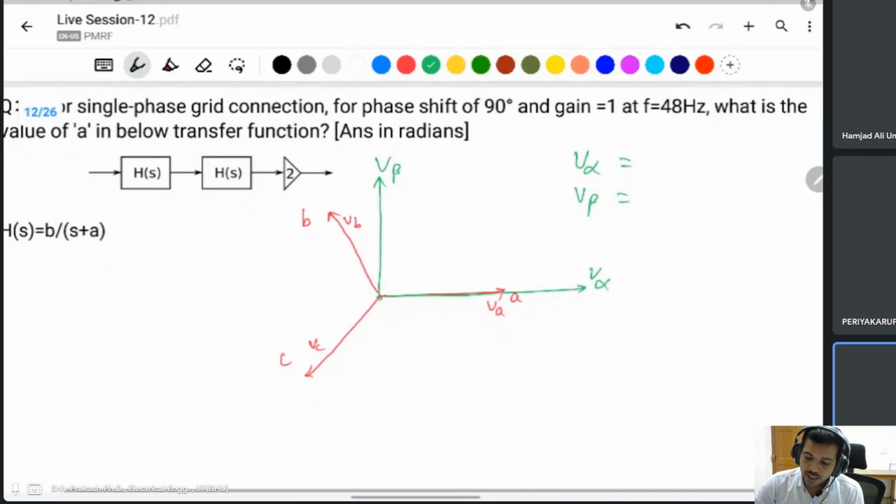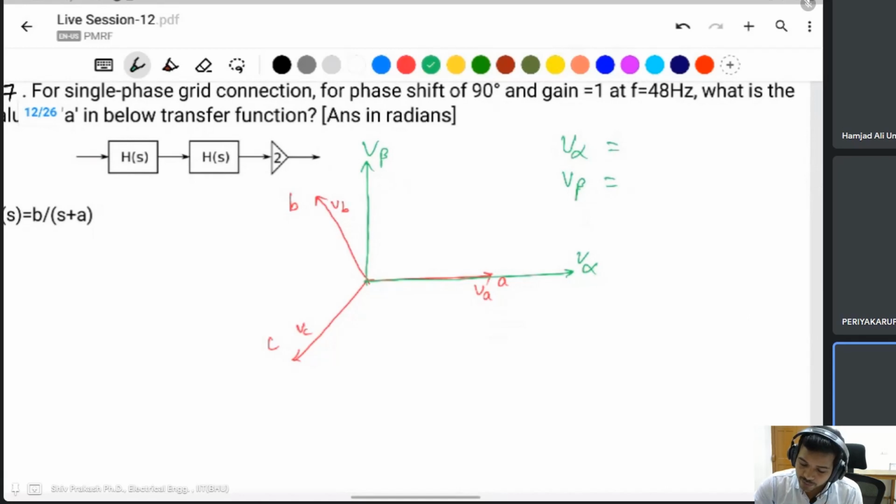But in a single phase system, only one phase is there, and the second one is the neutral. So what to take as V alpha and V beta in this system? This is single phase to two phase conversion. How do we convert single phase to two phase? It is difficult to get V beta from V alpha.